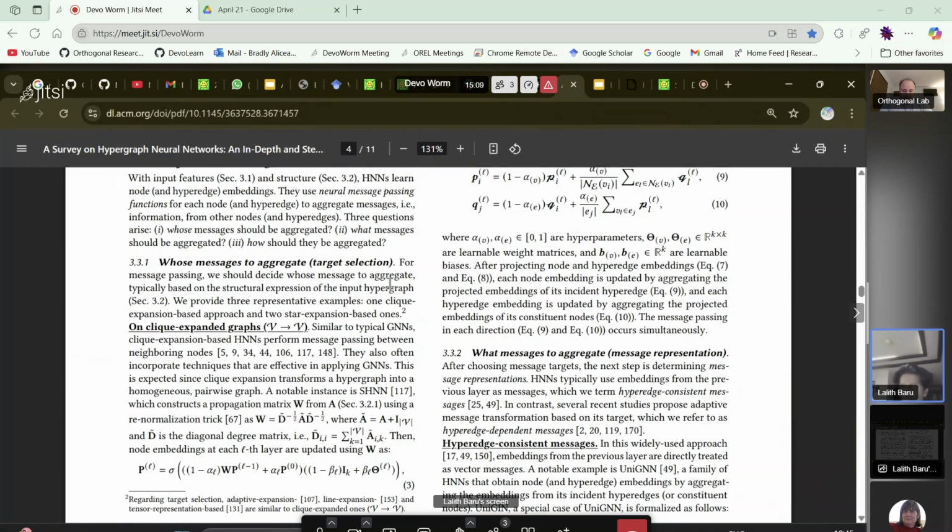So what are the messages that we aggregate? After choosing the message target, the next step is to determine the representation. In a hypergraph neural network, we use embeddings of the previous layers as a message. Generally at each and every layer, once the interaction happens, it pushes to another layer, layer 1 and layer 2.